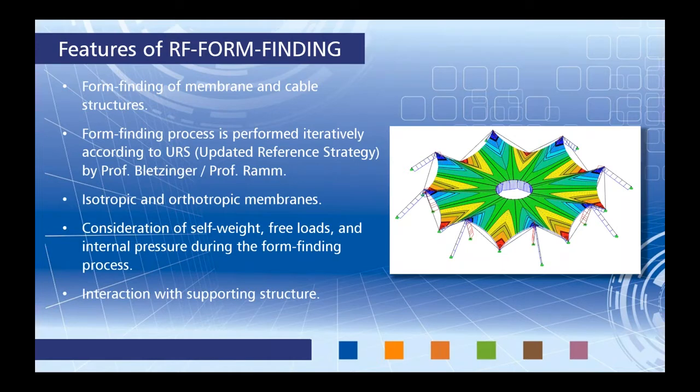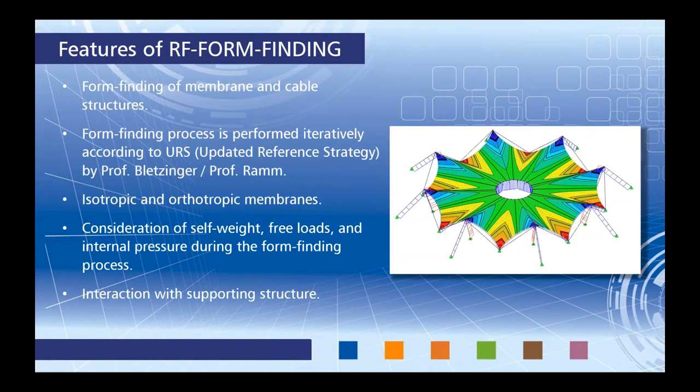So RF form finding is a module extension within our main program RFEM. This allows us to perform the form finding procedure of membrane and cable structures. The form finding process is performed iteratively according to URS, which is the updated reference strategy by Professor Bletzinger and Professor Ramm.